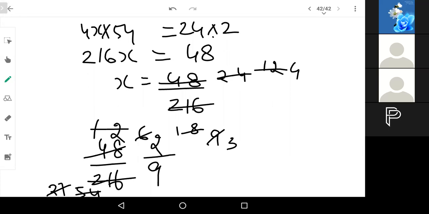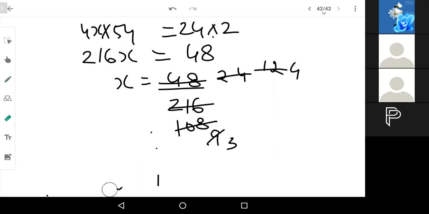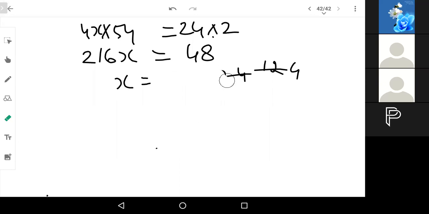Where I have taken, okay 108. Yeah, okay. Here was the mistake, sorry. 2 ones are and then 2 eights are correct. So we'll do it once again. 48 by 216.